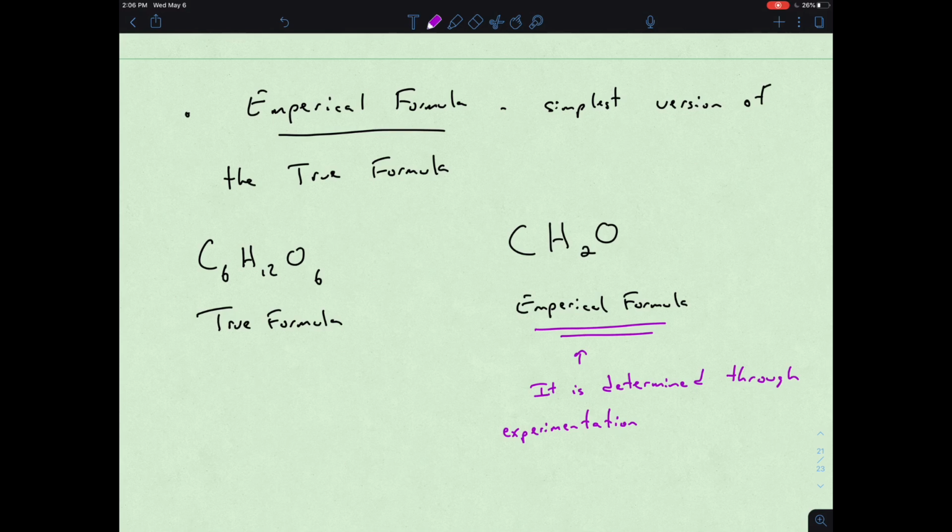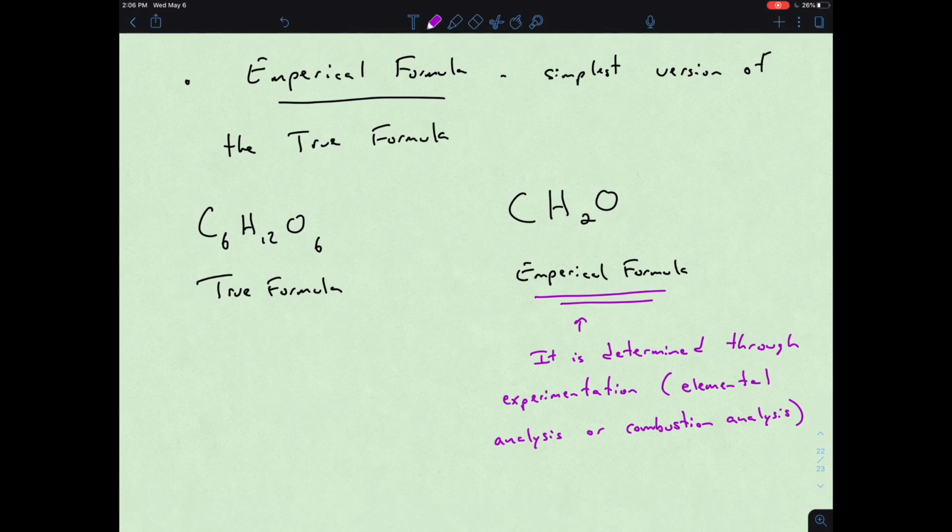And we can look at this in terms of elemental analysis or combustion analysis. That's kind of the old school way. We still use it a lot, even to this date, but it's really just to derive the simplest version of one element to another within a molecule.